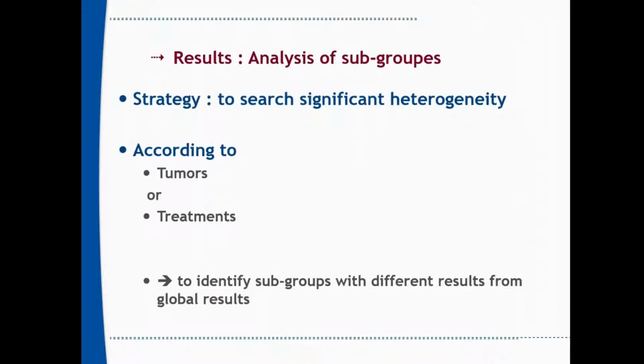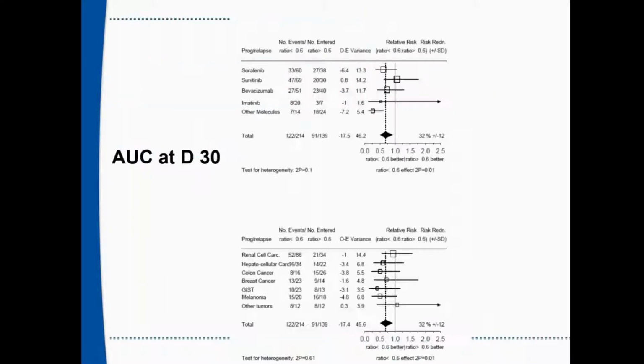The next step was to understand whether we can use this biomarker in all types of tumors and all treatments. To answer this question, we check this graph: if you don't have significant heterogeneity with this test, it means that you can use this biomarker for all drugs.